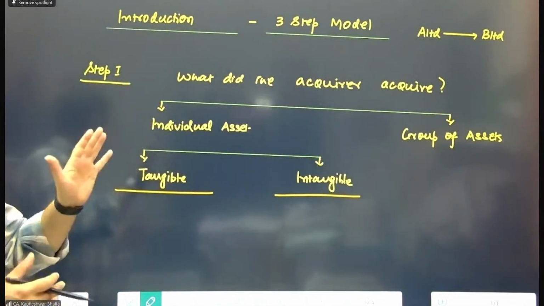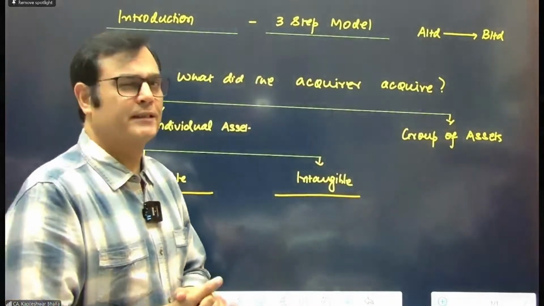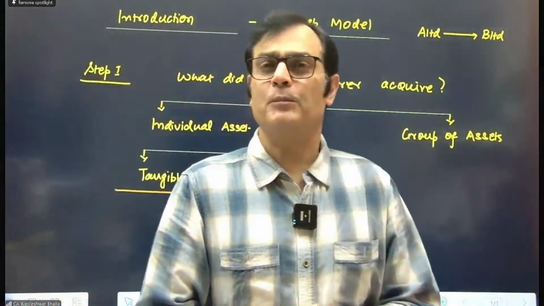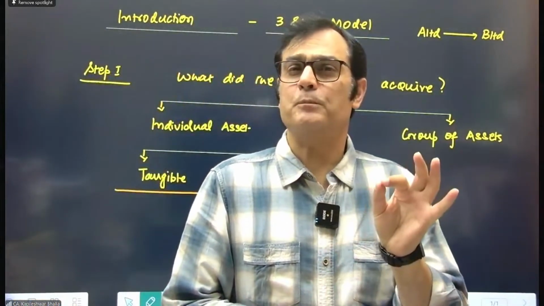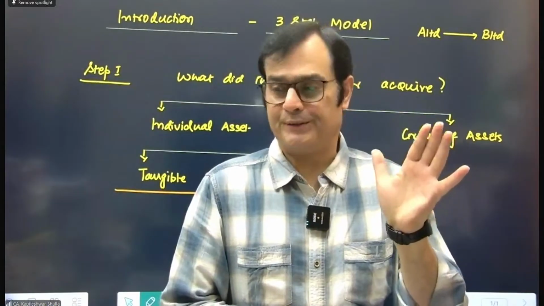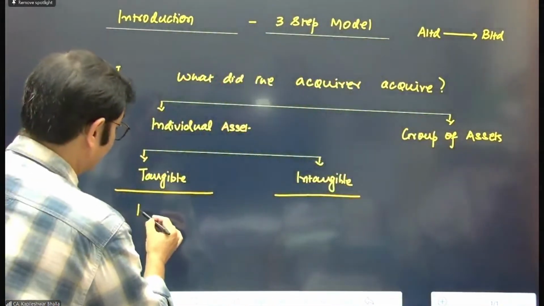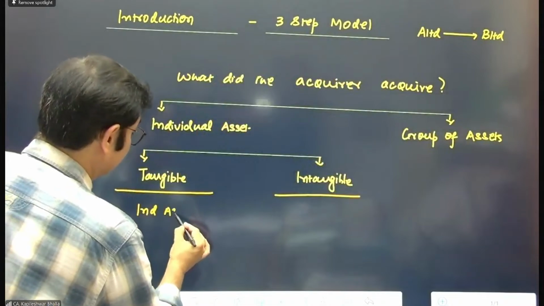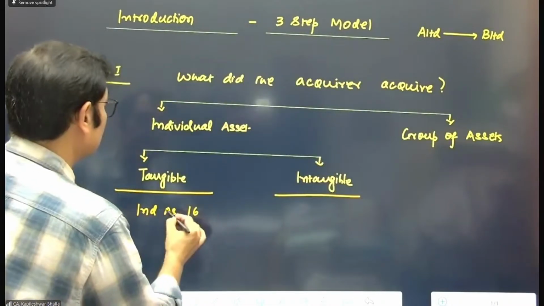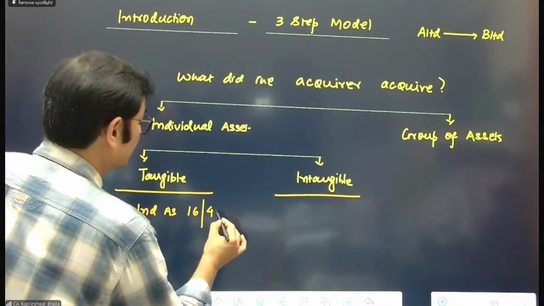Just go back to the memory lane of the asset-related standards and think, if a tangible asset is acquired, which particular standard will get triggered? Ind AS 16, sir. Wonderful indeed. It could be Ind AS 16, that is property, plant and equipment, or it could be Ind AS 40.